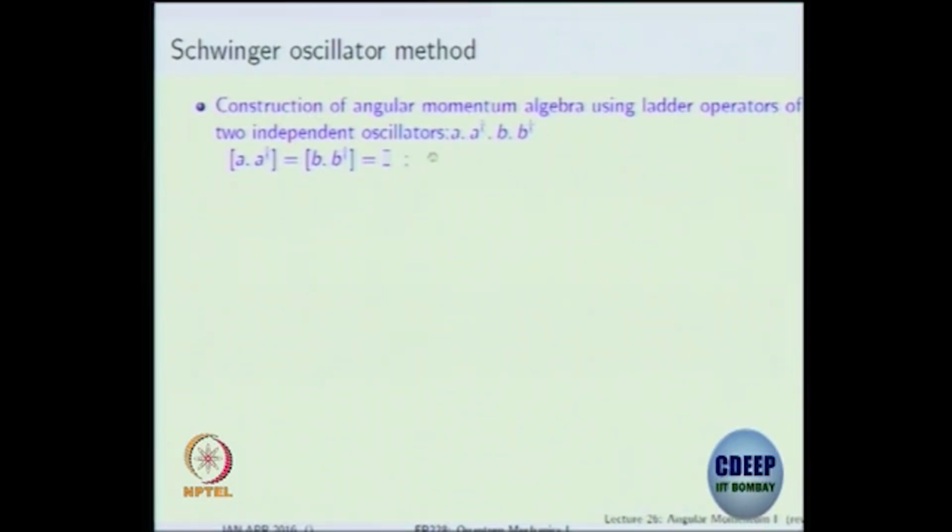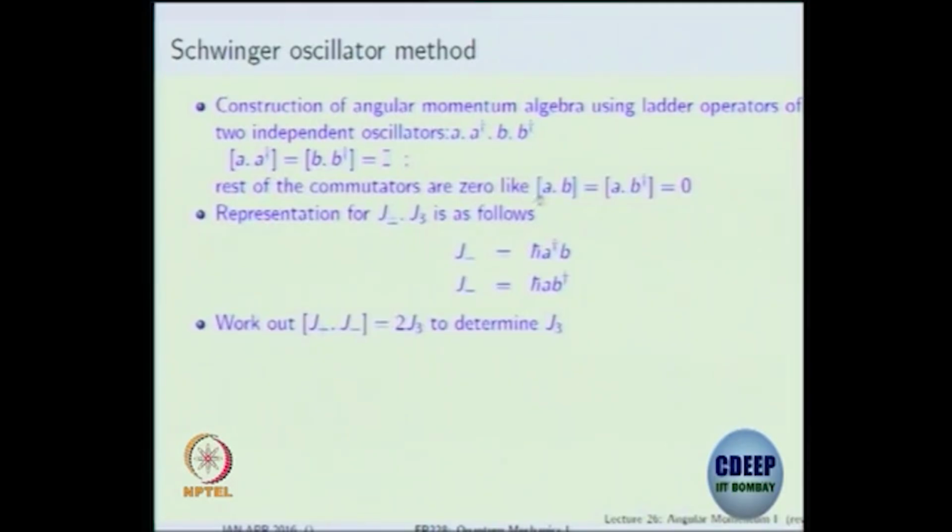What that means is that the commutator of any of the A operators with the B operators is 0. So we wanted to construct the angular momentum operators using these four operators.